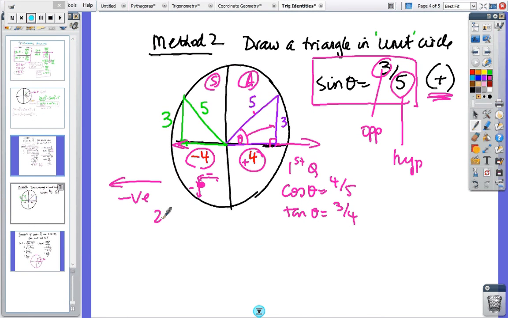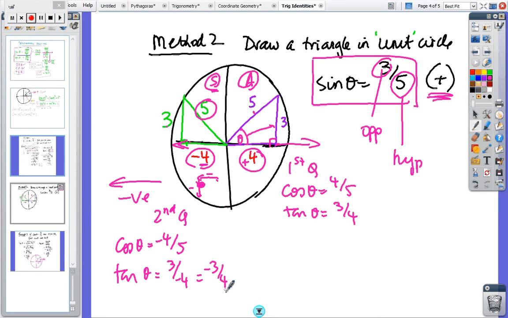And so in the second quadrant, we know only sine is positive, so the others must be negative. So cos theta is the minus 4 over the radius 5, and tan theta is opposite over the adjacent, which gives us the other negative. So it gives us the same answer.